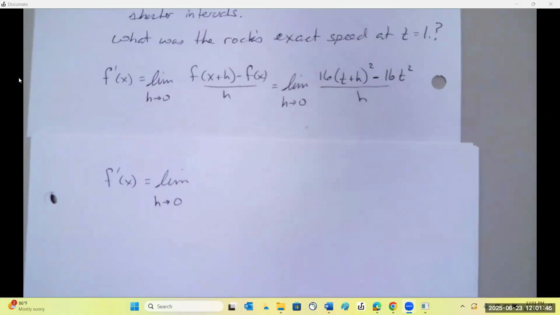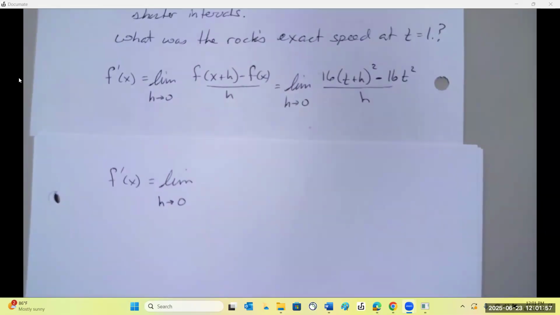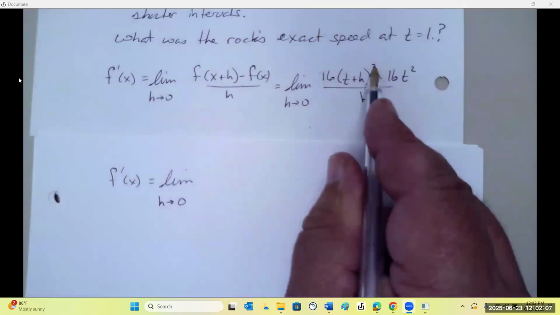Algebra. Okay, remember, that's it for calculus. Calculus has told us what to do. How do we solve the rest of this? Algebra. So what do we have to do first? We have to do (t plus h) squared.